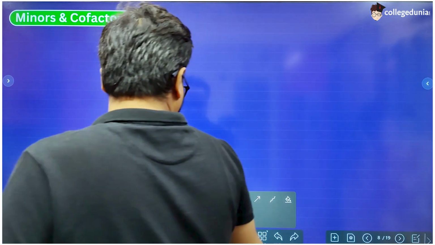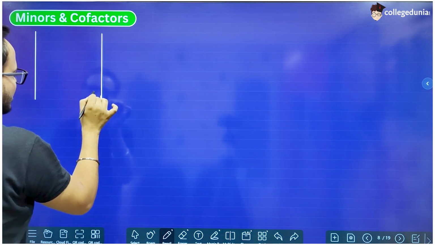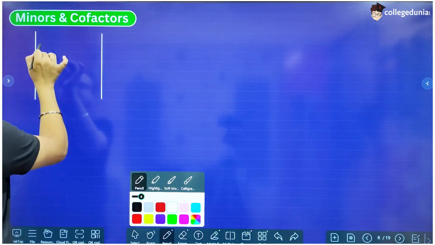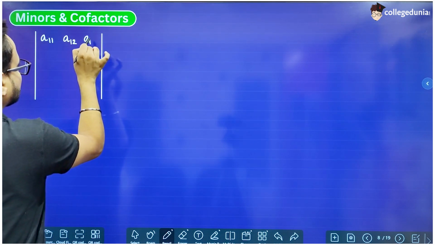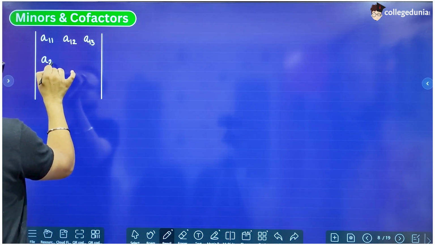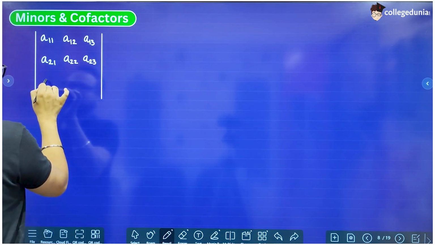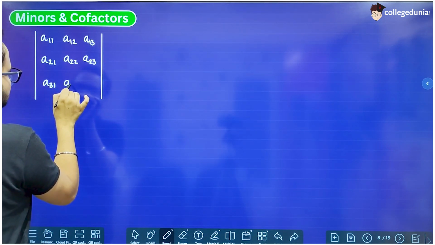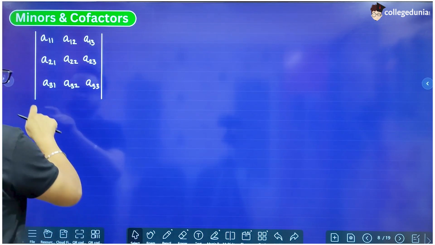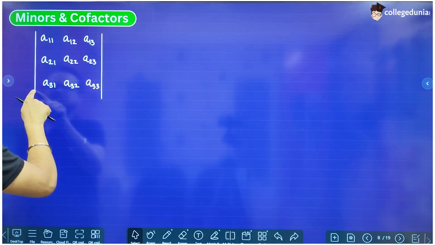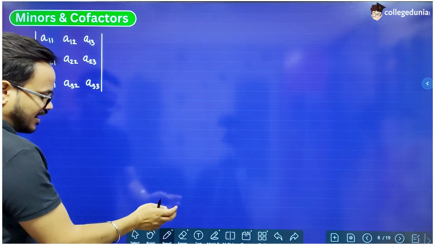Minors and cofactors. Okay, what are minors and cofactors of a determinant? Let's write a determinant, A11. Suppose this is a determinant, so it has 9 elements, right?